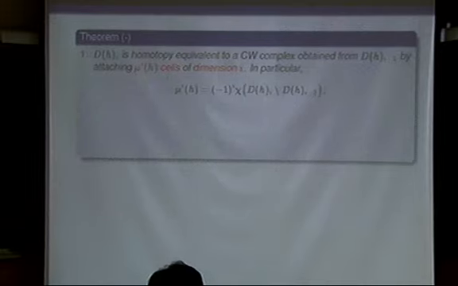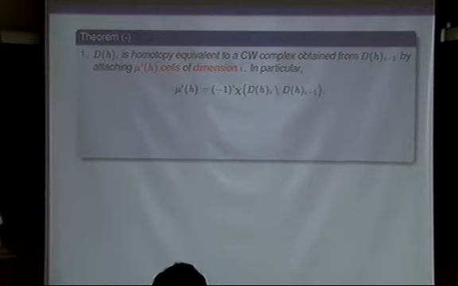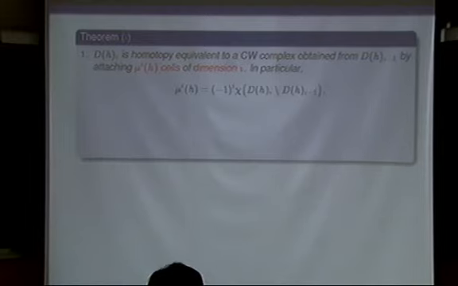The ith section of the complement, D_H^i, is homotopy equivalent to a CW complex obtained from the (i-1)th section by attaching this many cells, our numbers mu_i(H), of real dimension i. So in particular, mu_i(H) can be expressed as a topological Euler characteristic of the difference.